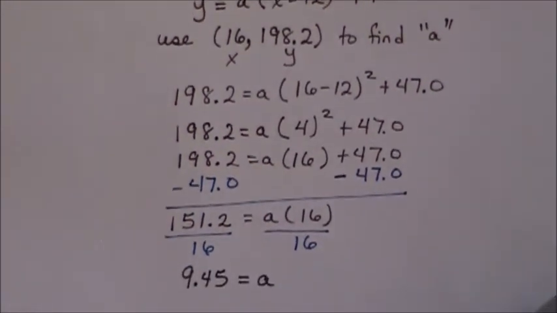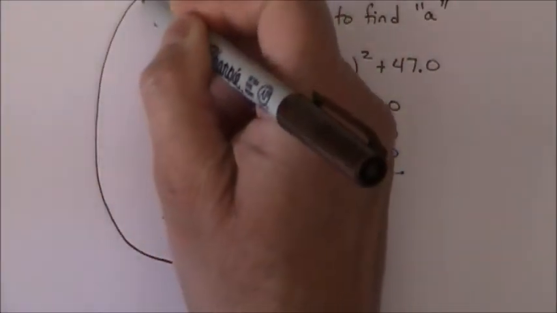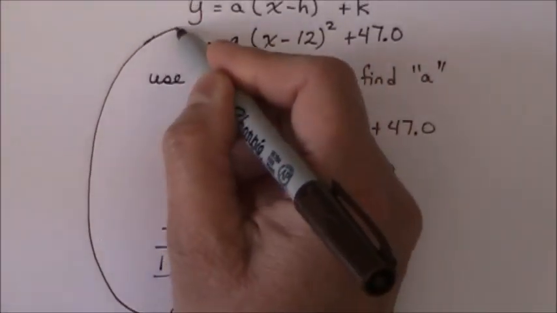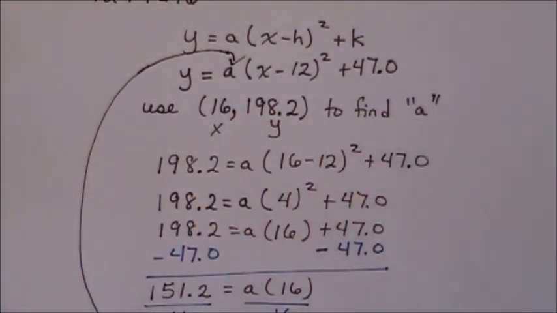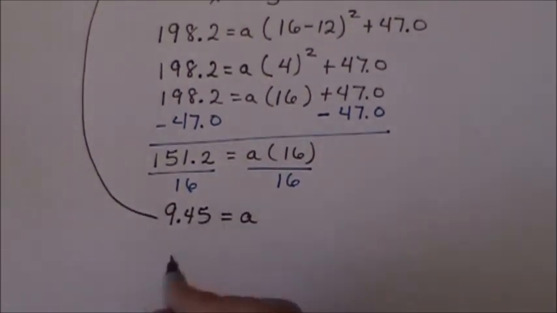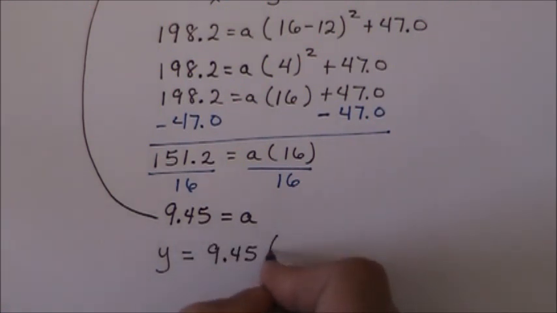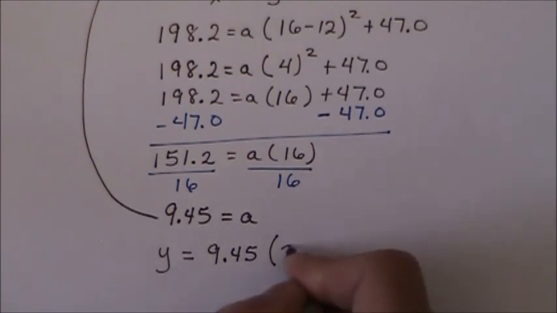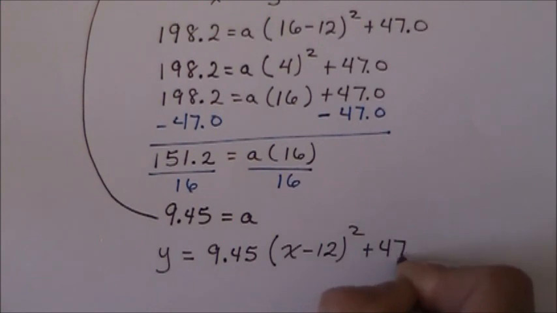So we're going to take this a value, write it all the way up, and substitute it in right there to get our equation. As a result, our final equation will be y equals 9.45 times x minus 12 squared plus 47.0.